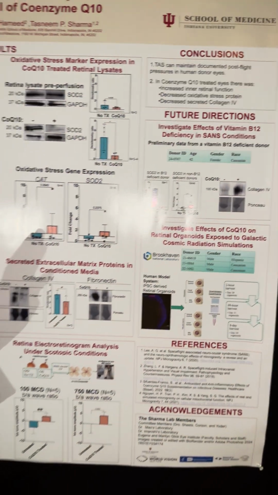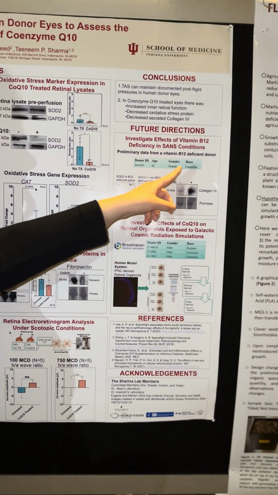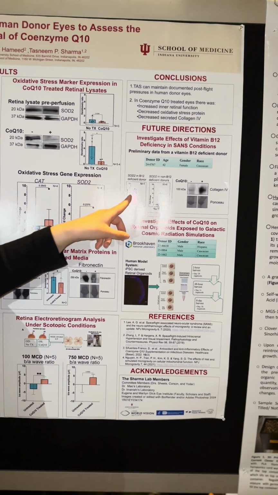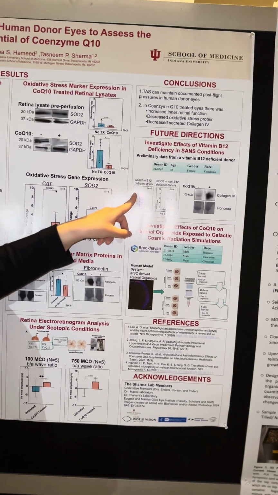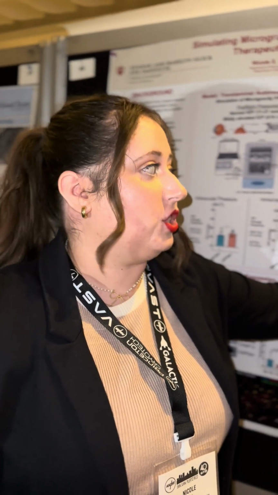Now, one thing we know from our astronauts is that they have genetic predispositions to the 1-carbon metabolism pathway, which causes a vitamin B12 deficient phenotype. We were able to get a vitamin B12 deficient donor in our lab, and with this donor, we saw that they would have an outlier in oxidative stress marker in their untreated eye, which was then downregulated in this treated eye.